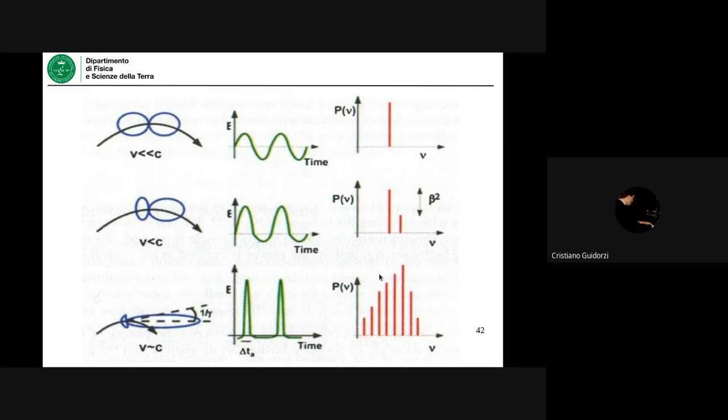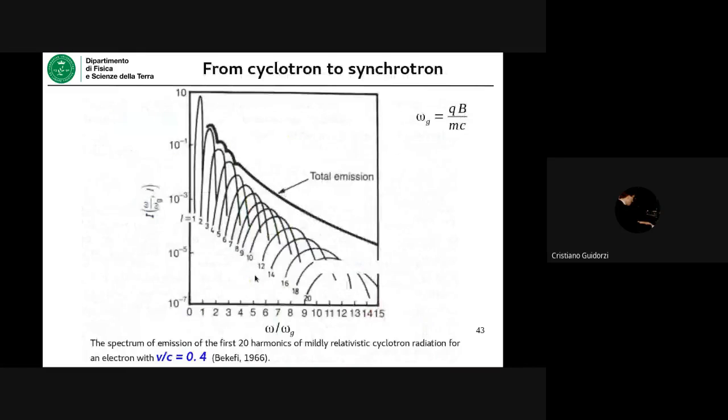And the critical frequency is about gamma squared times the cyclotron frequency. So completely different, and this is entirely due to special relativity. Special relativity changes the pattern of the angular emission, and the beaming effect has a strong impact on this. So this is really beautiful.